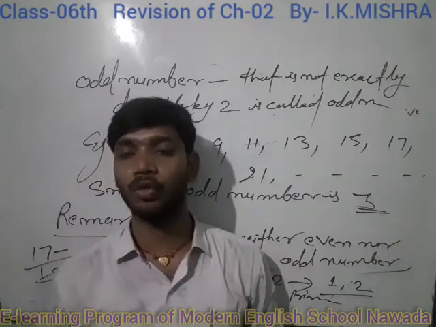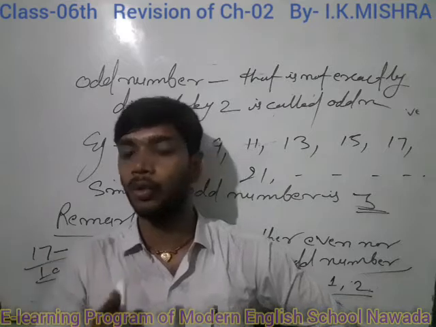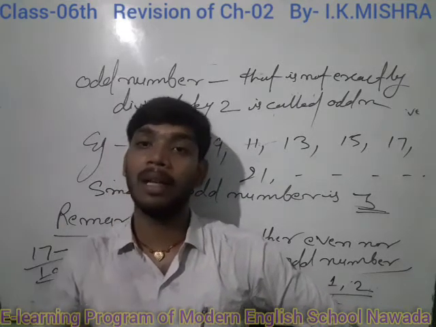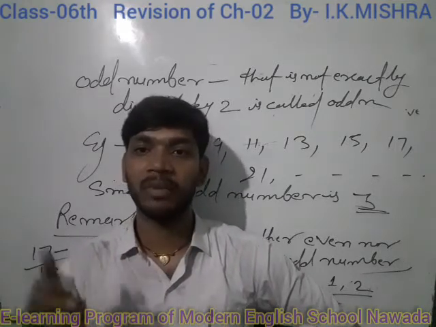When you are asked the smallest prime number, your answer will be 2, and when asked the smallest odd prime number, its answer will be 3.